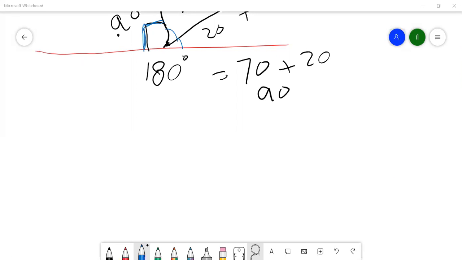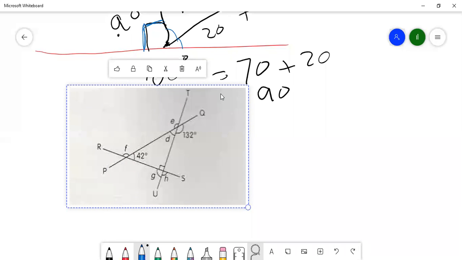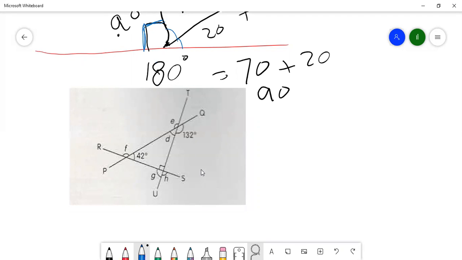I'll give you this example. I want you to tell me what is the size of this angle. Let's say this is K. What is the size of angle K?